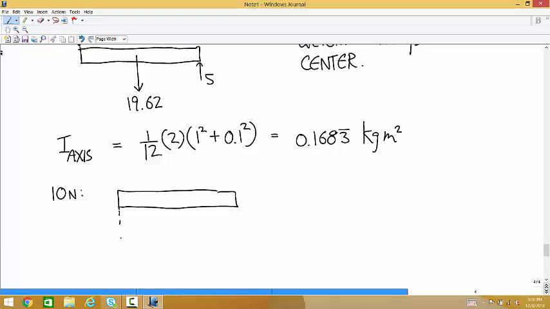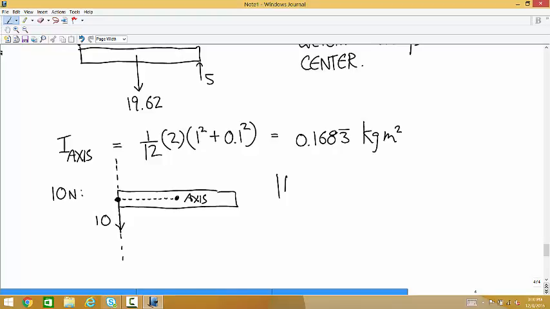So here's the line of action of that force. Here's the axis. We want to move it to here. And now that force vector is perpendicular to this line, so we can use the equations.